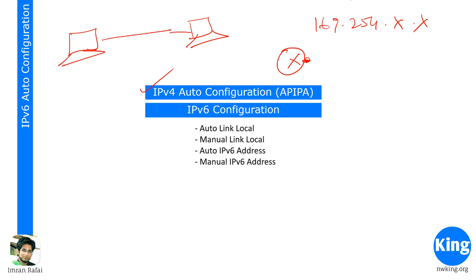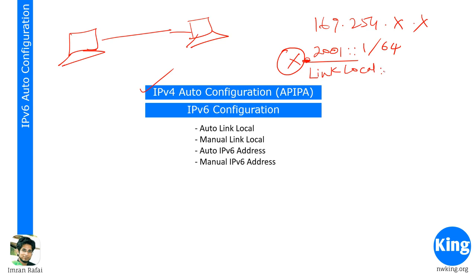Whenever you give an IP address to an interface on a router or any IPv6-enabled device, say an address with /64, it would automatically create a link local address.